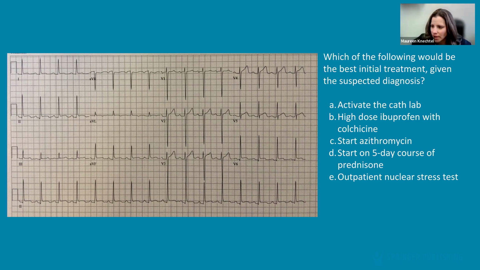All right. So several options, including activate the cath lab, followed by ibuprofen and colchicine. So this is an example of pericarditis.